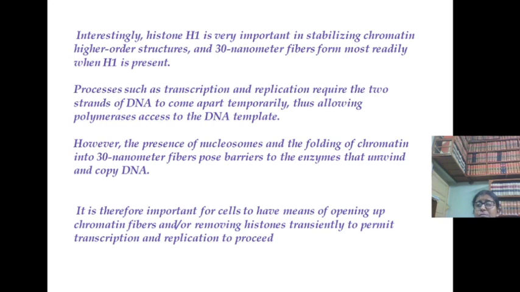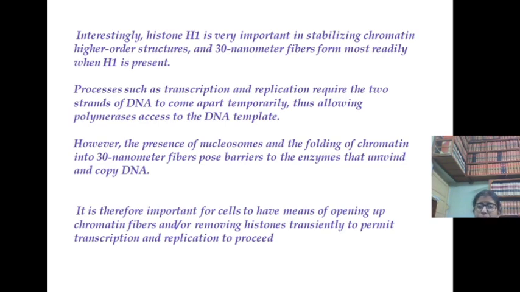So you just imagine if you have a gift box which is packaged with 5 papers and you want to see what is in the gift box, you have to open the wrapping one by one. So here the same thing takes place, so you have to open it up. However, the presence of the nucleosome and the folding of the chromatin into a 30 nanometer fiber pose barriers to the enzymes that unwind and copy DNA.